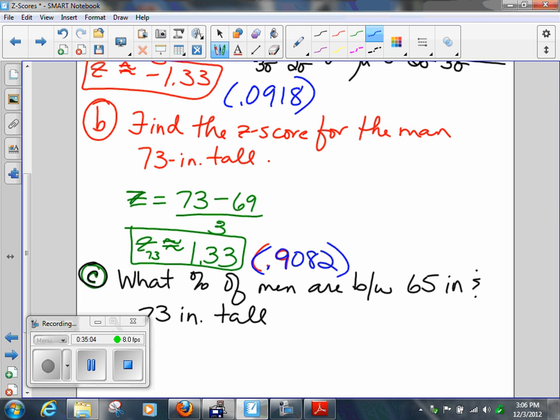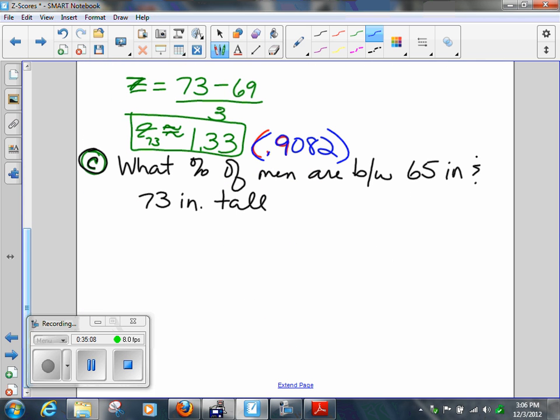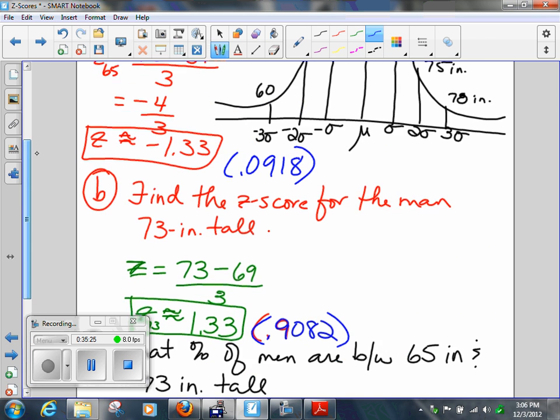All right, what am I going to do with those two numbers? I'm going to subtract them just like I did before. 0.9082, which is our 73-inch tall man. We're going to take away 0.0918, which is our 65-inch tall man.